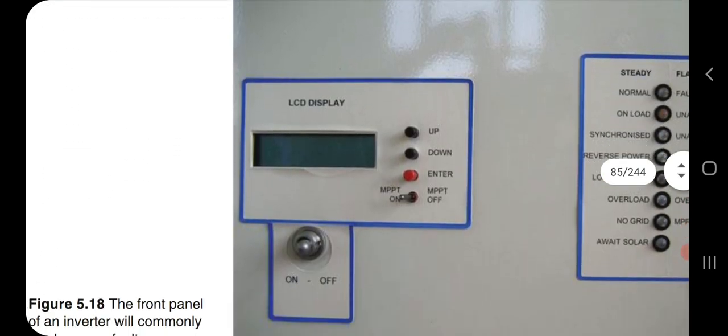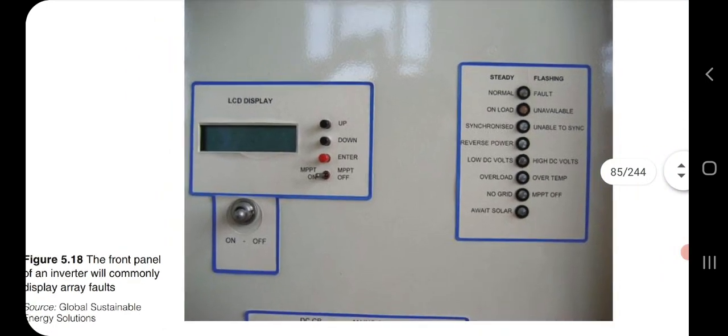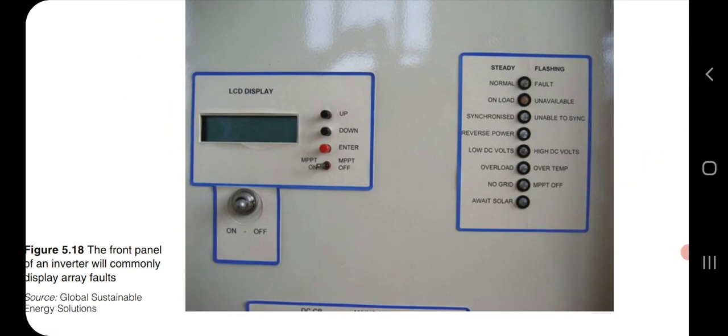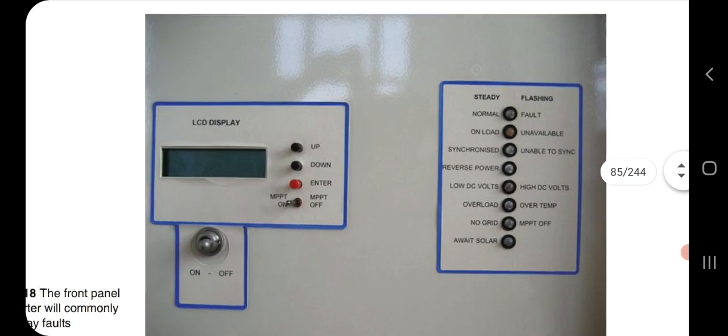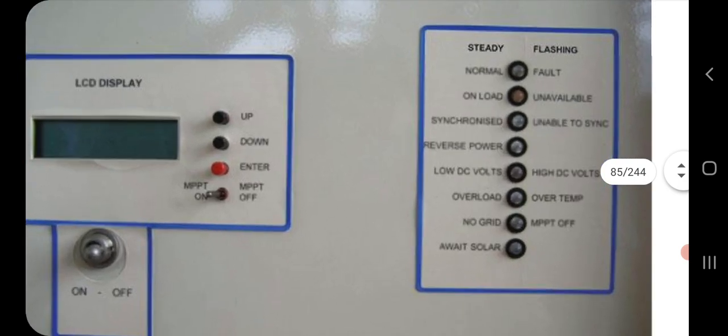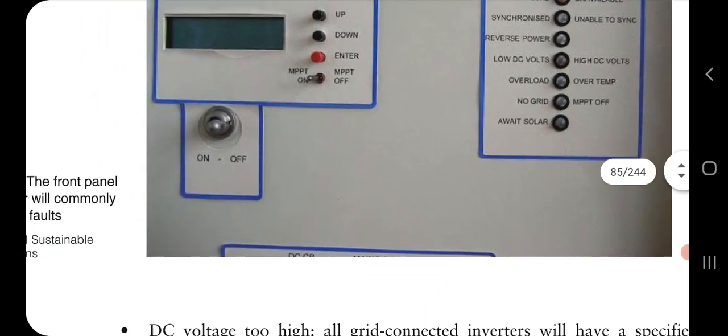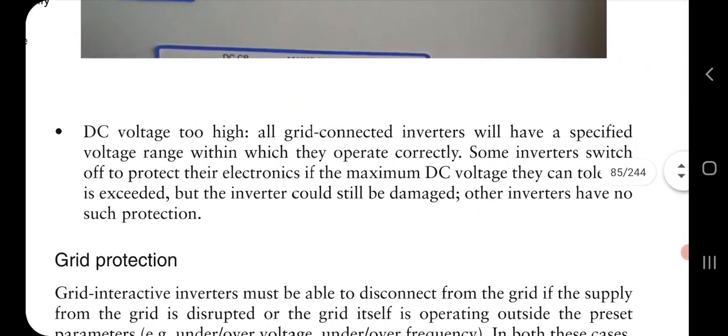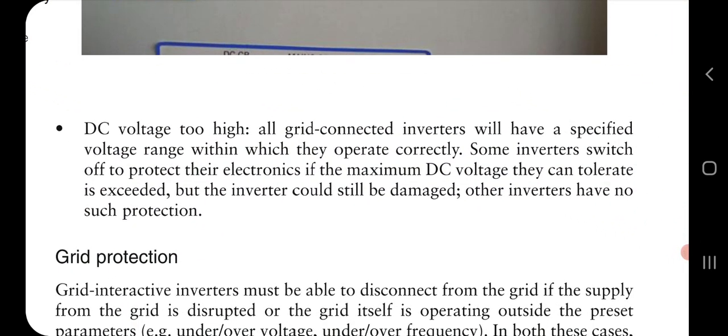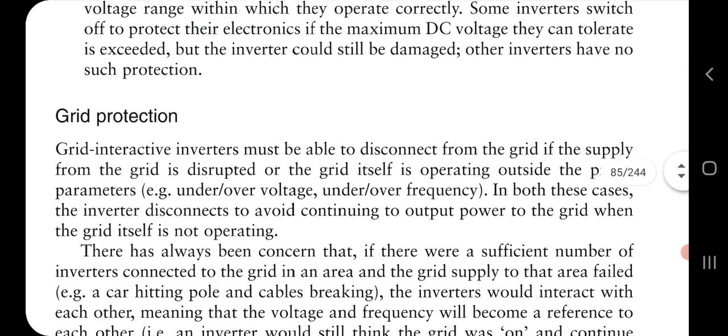On the front panel of the inverter we can see many things, various types of faults it indicates to you, and the MPPT point is also very important. When any DC voltage is too high, the inverter detects it and disconnects itself from the PV grid.